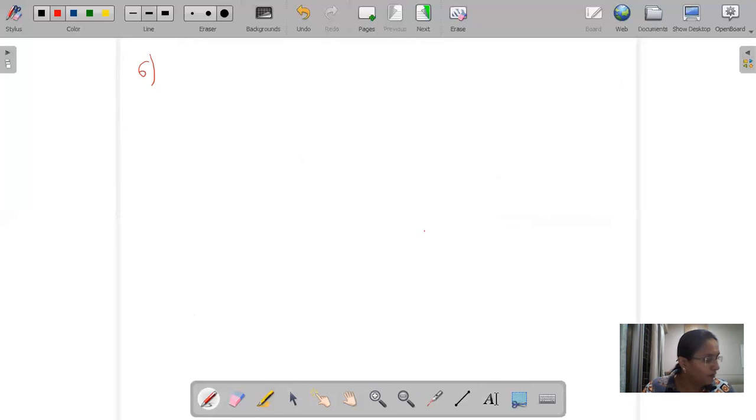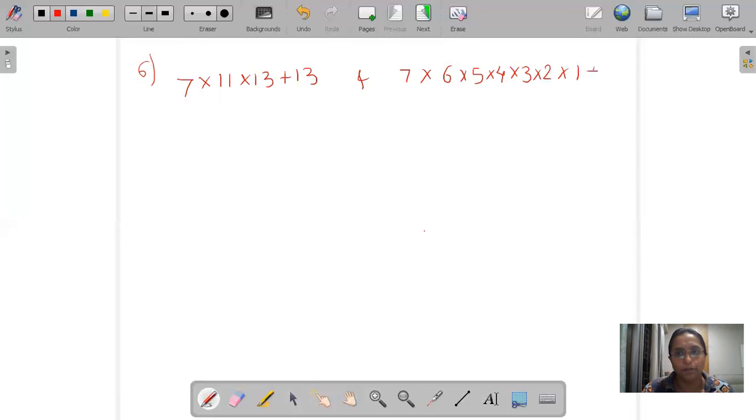Explain why 7 into 11 into 13 plus 13 and 7 into 6, 5, 4, 3, 2, 1 plus 5 are composite numbers. So already they are composite numbers. They ask the reason why they are composite numbers.